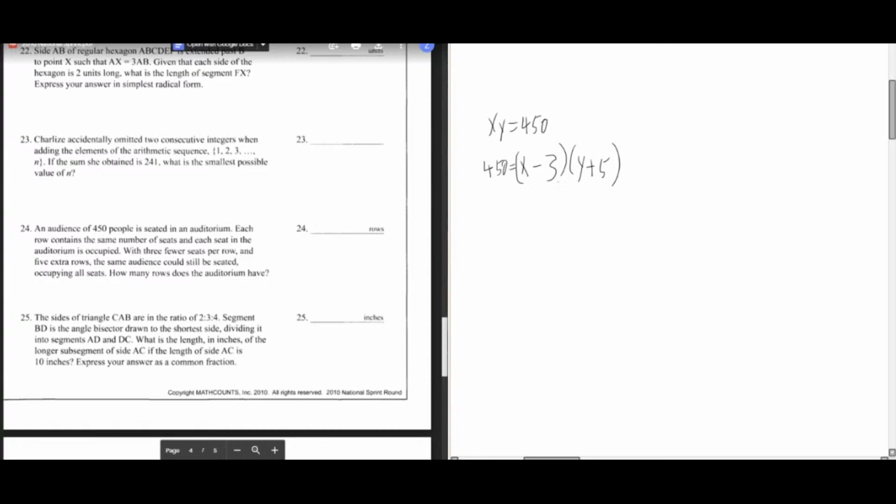You can definitely solve this just by expanding: 450 equals xy minus 3y plus 5x.